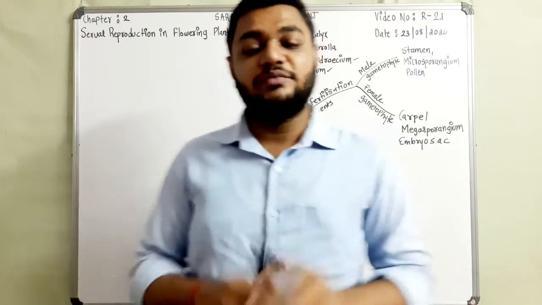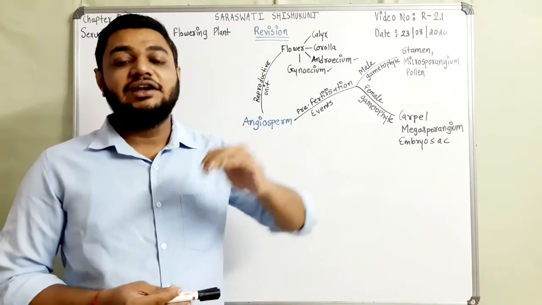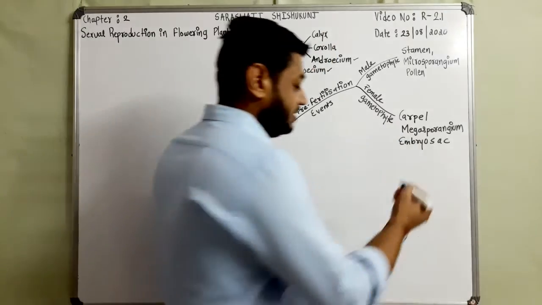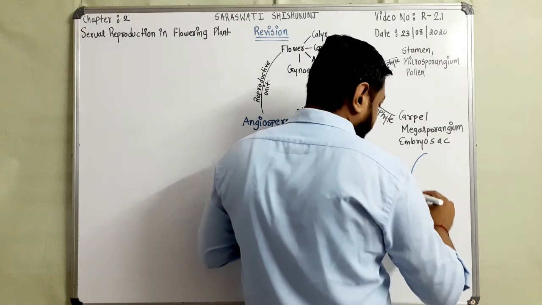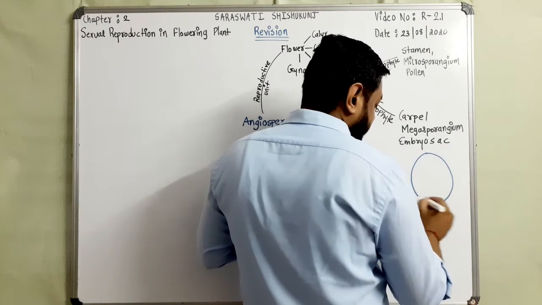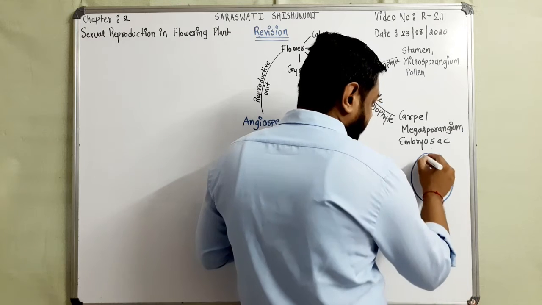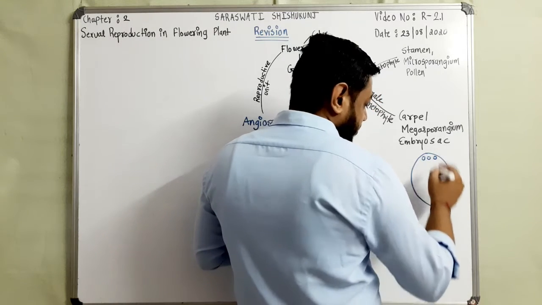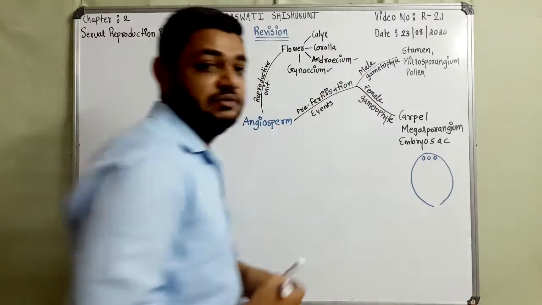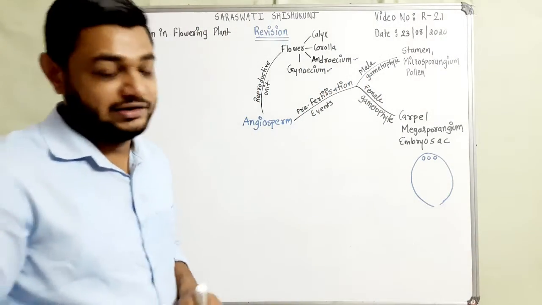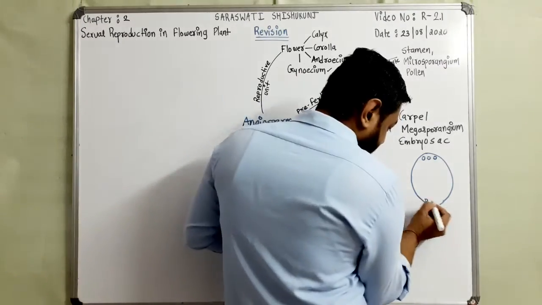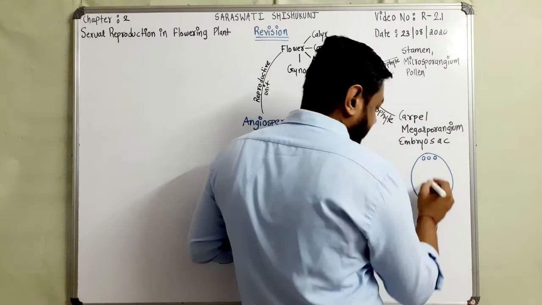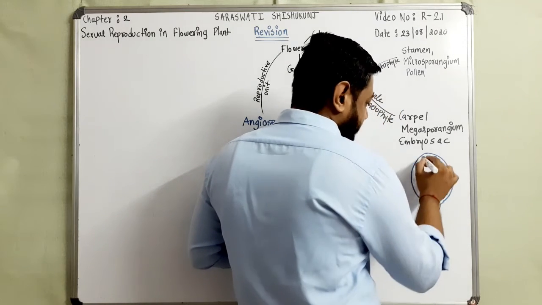Out of those 8 nuclei, 3 get arranged on the side opposite the micropylar region, that is the chalazal end. 3 get arranged towards the micropylar end and 2 remain in the center.